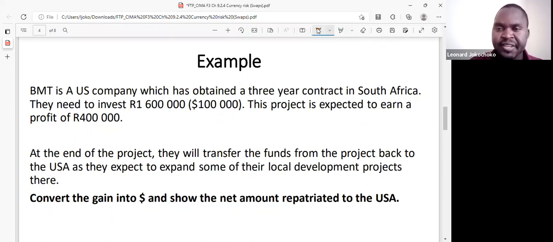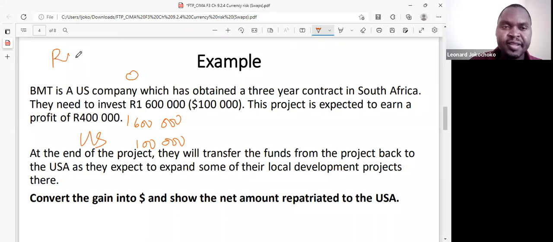Now, what we see here is that at the beginning of the project, the company is supposed to transfer 1,600,000 rand. Since we're already given the amount in dollar terms, we see that the amount is $100,000. It is clear, therefore, that 16 rand is equivalent to $1.